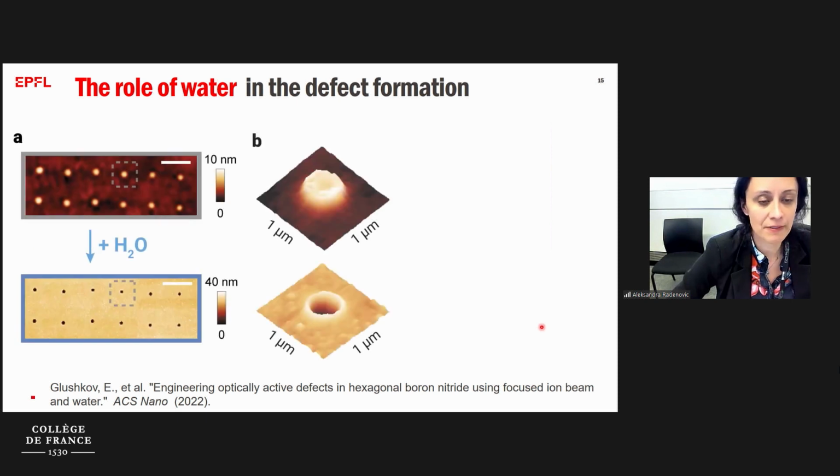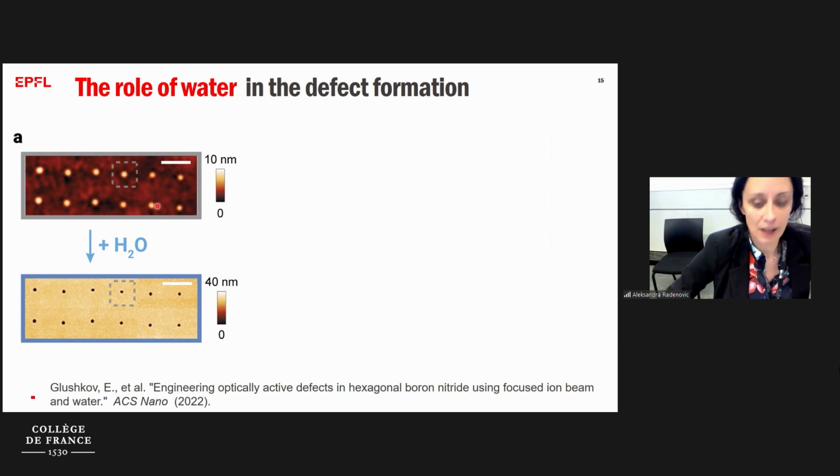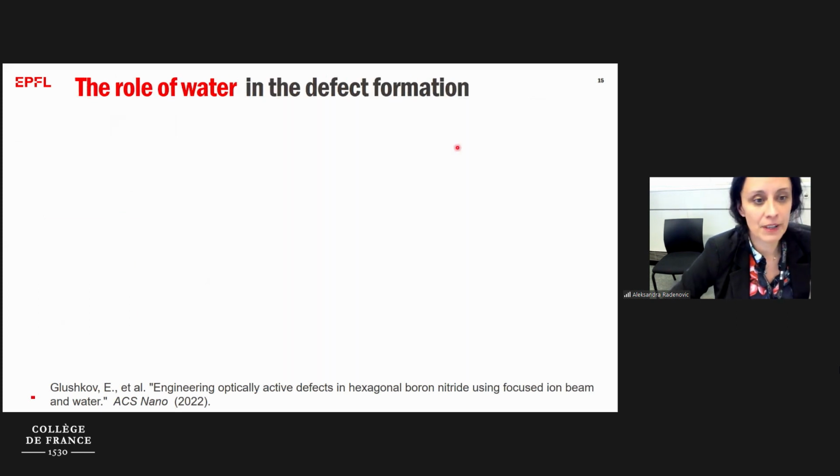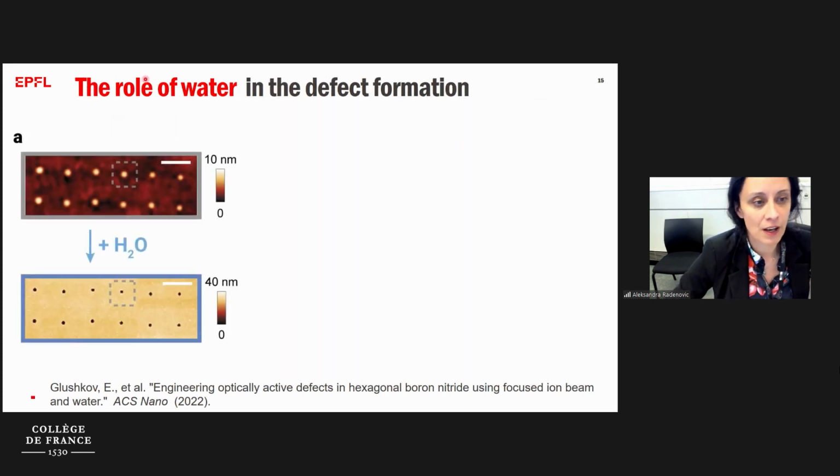And what we have seen, focusing now on these smaller dots, and also looking with another technique, which is atomic force microscopy, which we can also combine with single molecule localization microscopy, is that at the locations where the intensity is very low, we have a formation of hills.